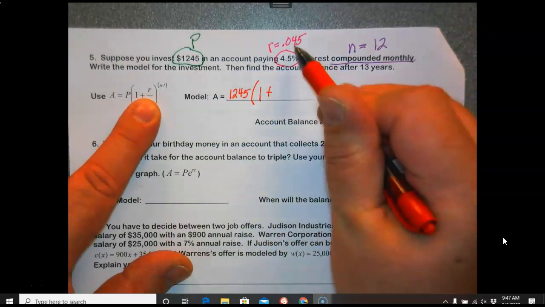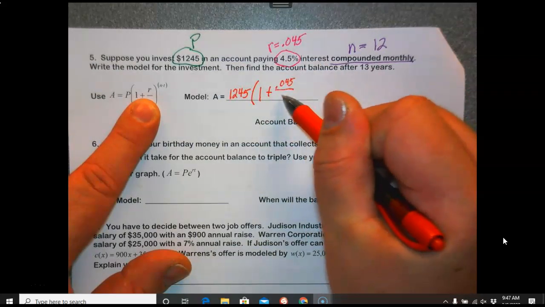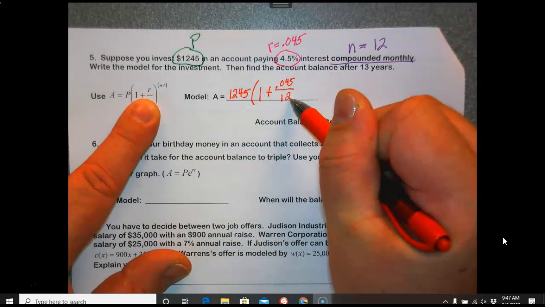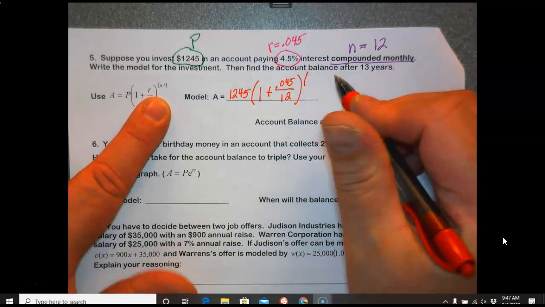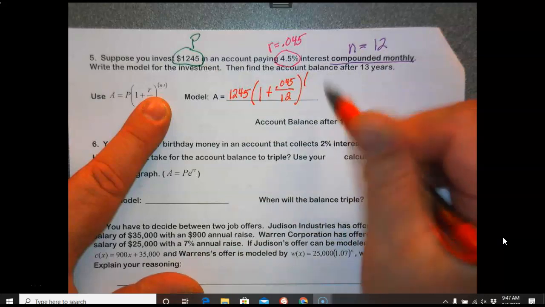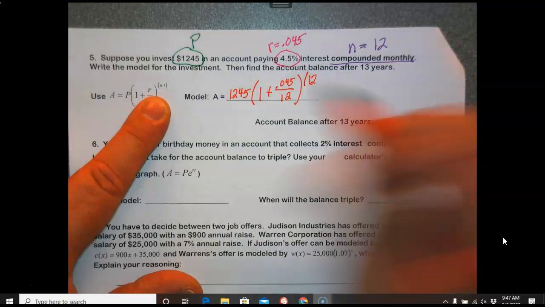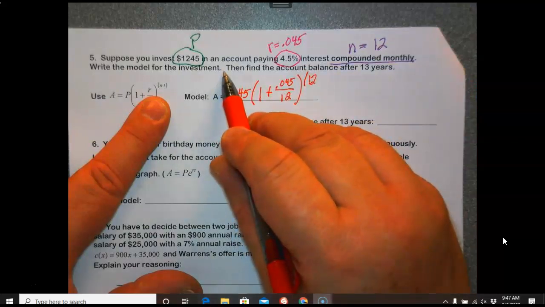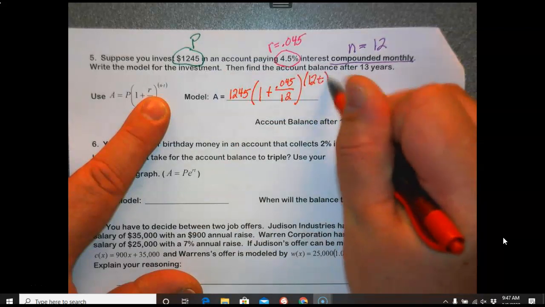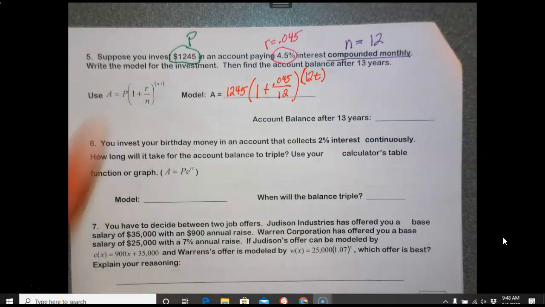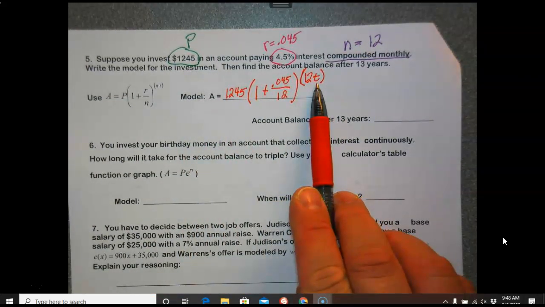My rate, which is 0.045, divided by n, which is 12, raised to the... Put your parentheses in the exponents especially, otherwise you get the wrong answer. My n is 12, and at this point in the problem, I don't have a value for t. So it's to the 12t. And again, it's a model, so I expected to have a variable there.